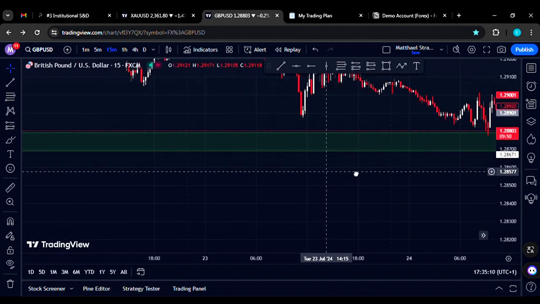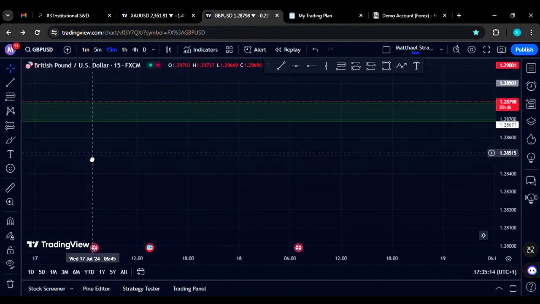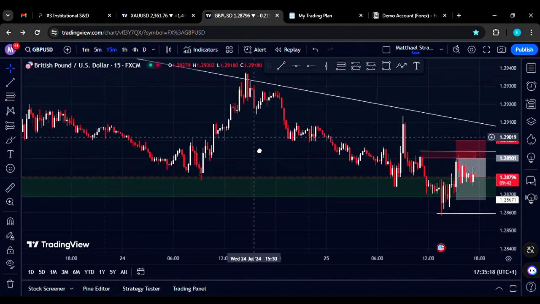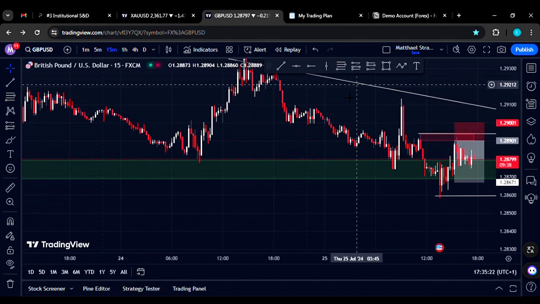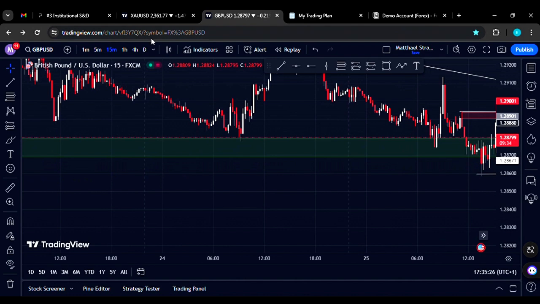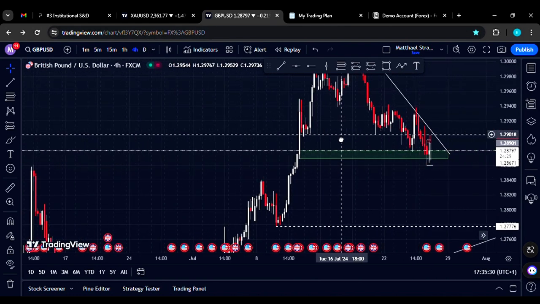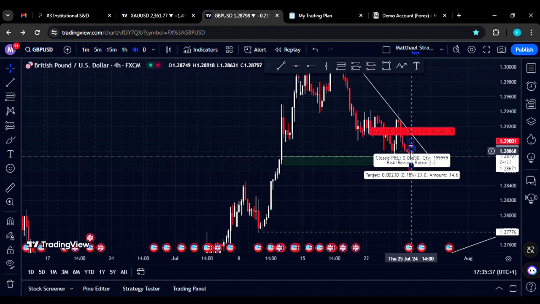Then what I usually do is refer back, since at this point there is nothing left here. If you go to the 4-hour, you see that price was still around this area in the morning.